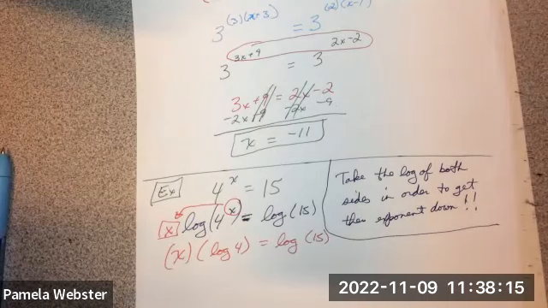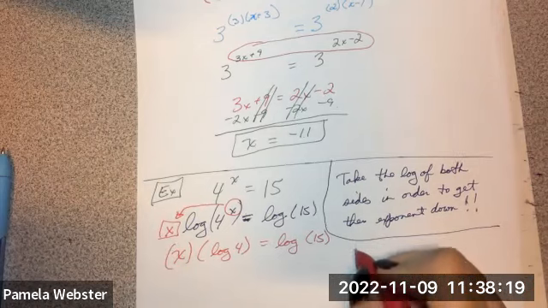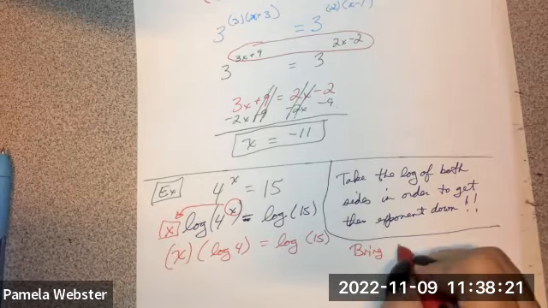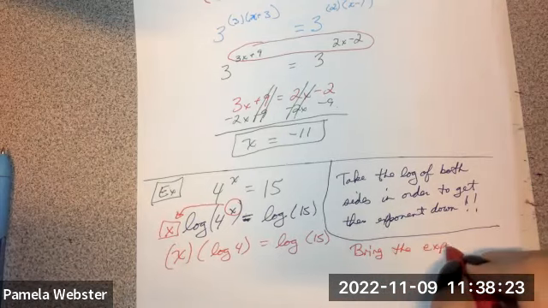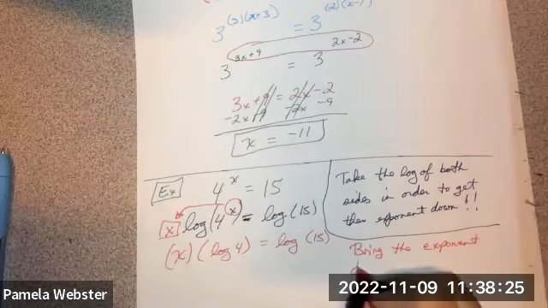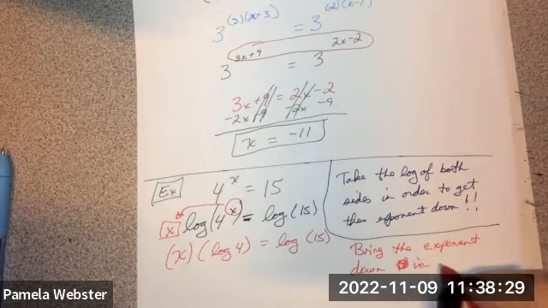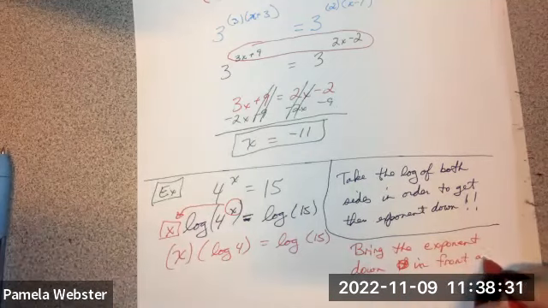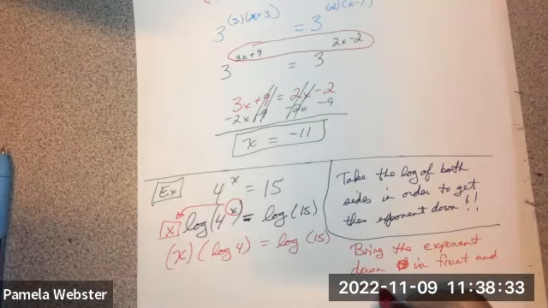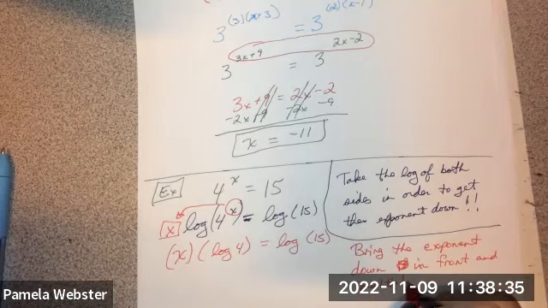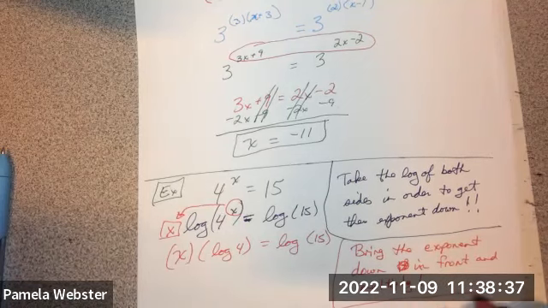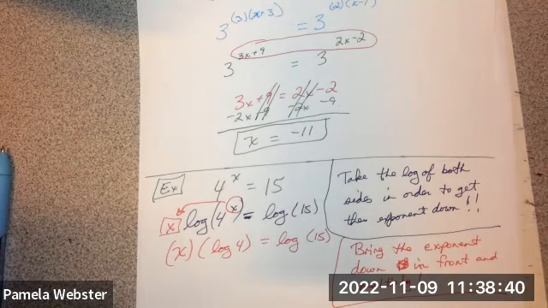That's the rule we're using: bring the exponent down in front and multiply.